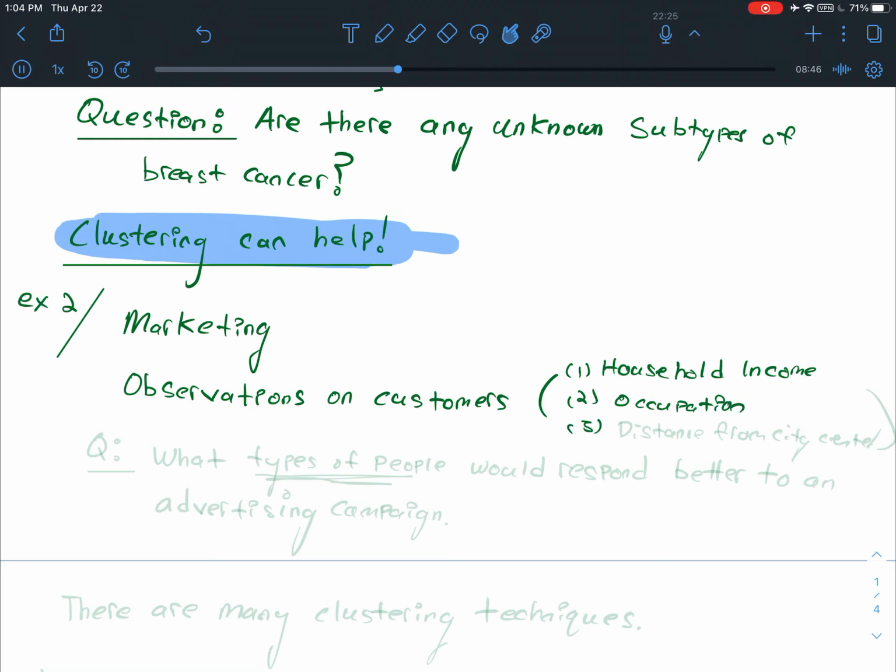Another one could be like distance from a city center. And then your job, working for a marketing agency, is you might wonder what types of people would respond better to an advertising campaign.